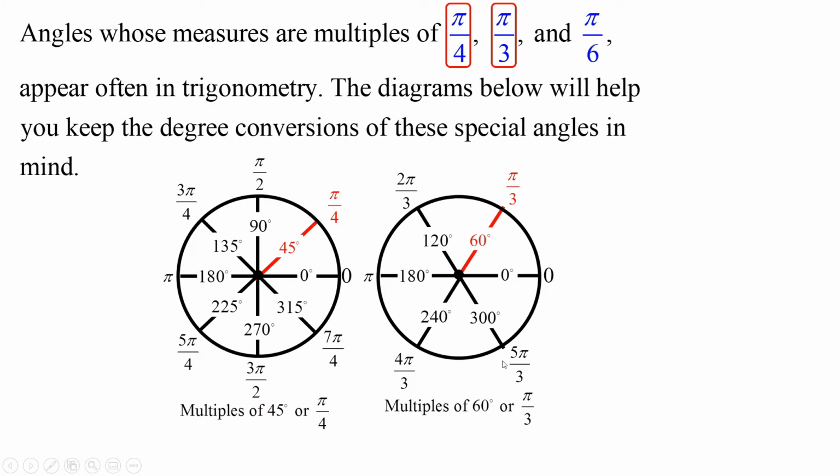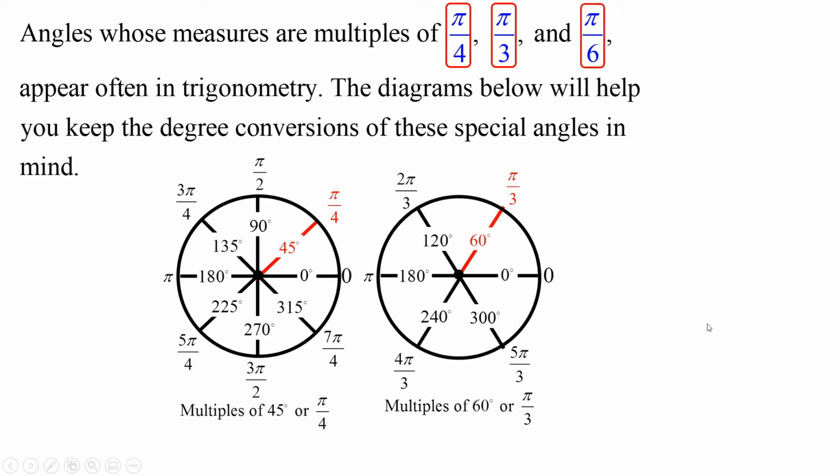And then 5 pi over 3, and then 6 pi over 3, which would be 2 pi, and you're back at 0. Those are your radians, and your corresponding degrees would be 60 degrees, 120 degrees, 180 degrees, 240 degrees, and 300 degrees. Be able to convert these key angles from radians to degrees or vice versa automatically. You shouldn't have to use the conversion formulas. You could, it would work, but it would just take more time.